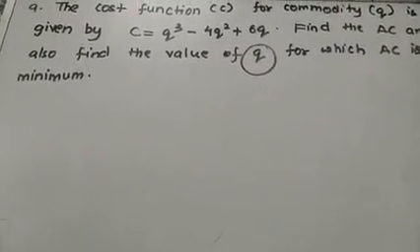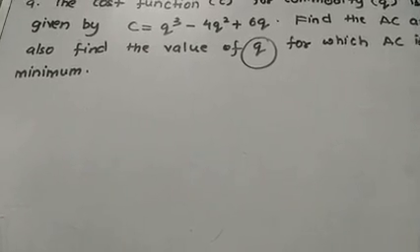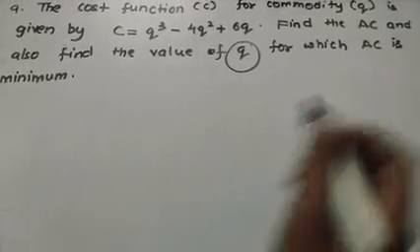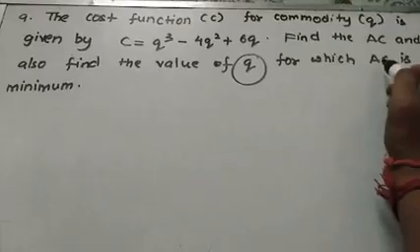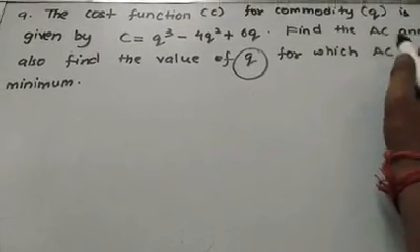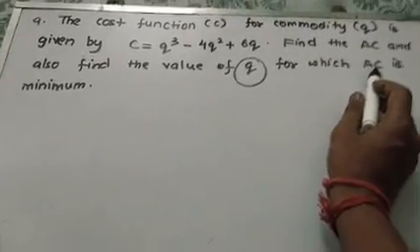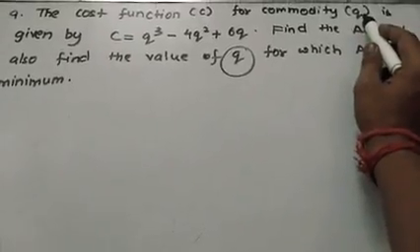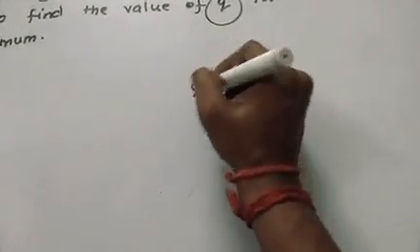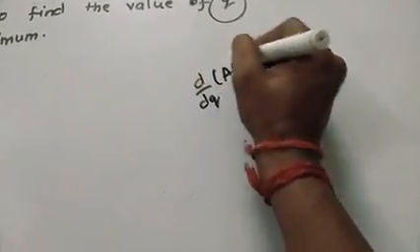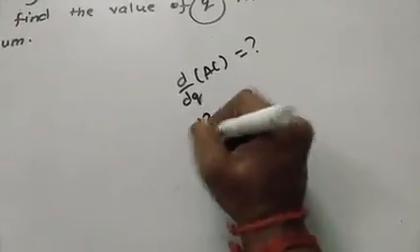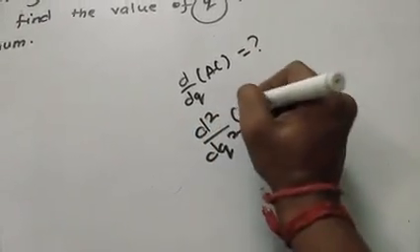That is the same as question number 1. Average cost minimum means you have to find your average cost. Now for the minimum, you have to find d by dQ of average cost. Next, d2 by dQ2 of average cost.